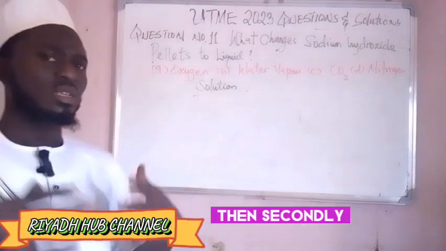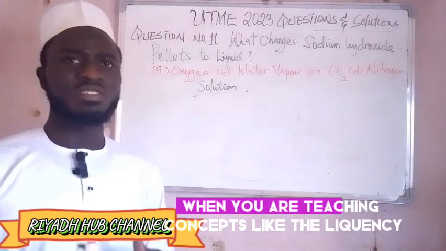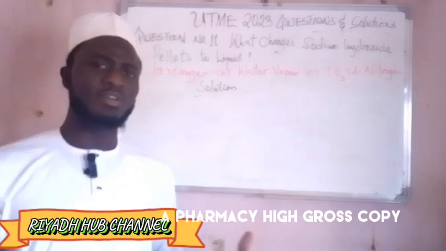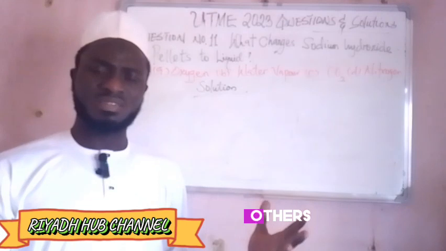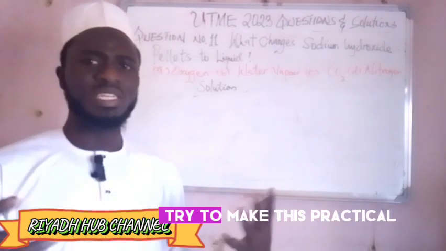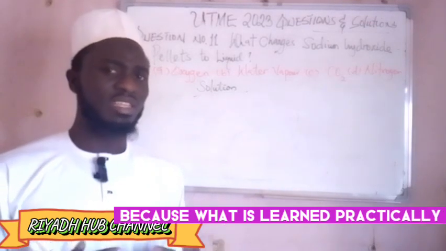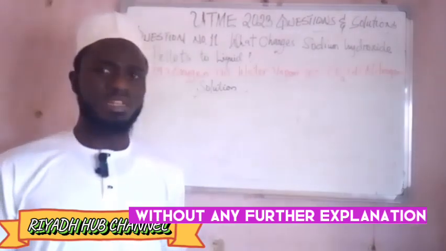Secondly, when you are teaching concepts like deliquescence, efflorescence, effervescence, hygroscopy and others, try to make it practical, because what is learned practically is mostly understood without any further explanation.